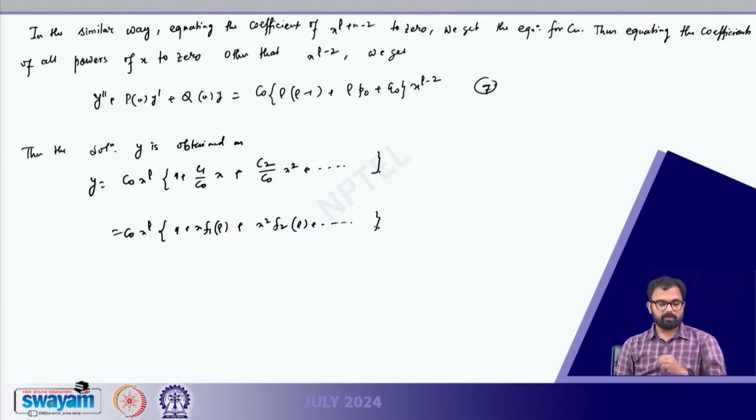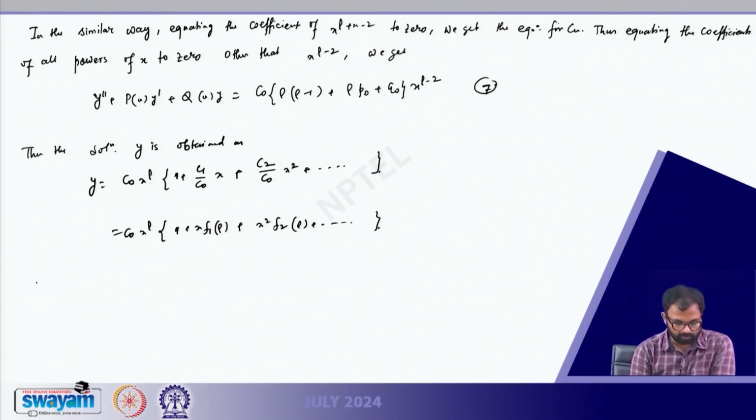So, in order that the given equation is satisfied by equation number 4, where we had y equals x to the power rho and all that, the given equation 1 has a solution of the type equation number 4.